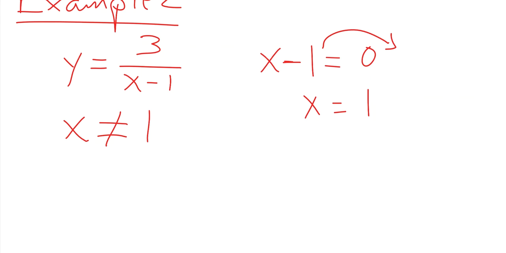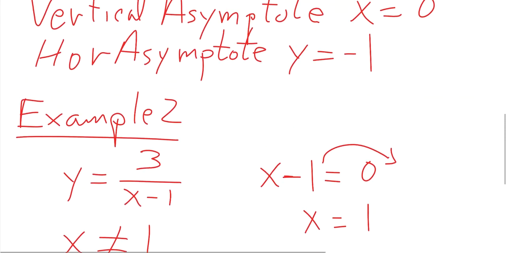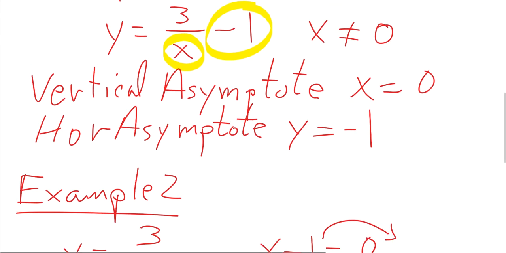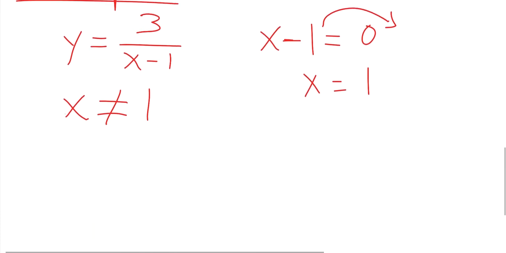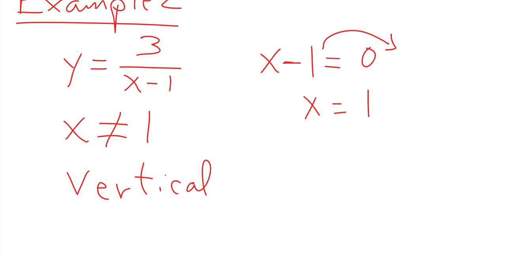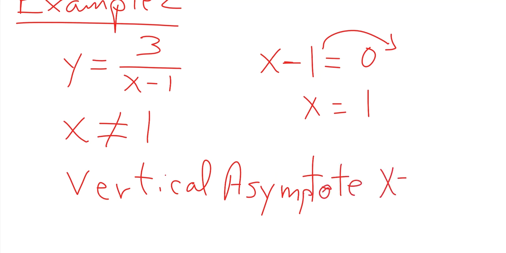So as we had up above, notice the value of x that created 0 in the denominator was x equals 0. And so that is our vertical asymptote, x equals 0. Down here, it's not 0 that creates an undefined situation, it's 1. So the vertical asymptote is going to be x equals 1.